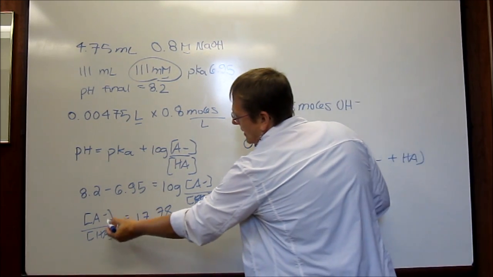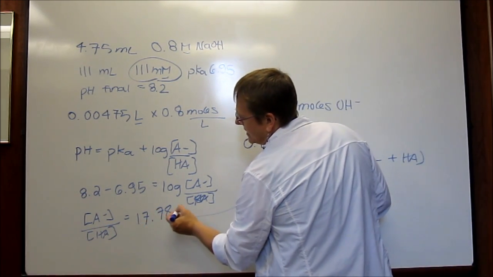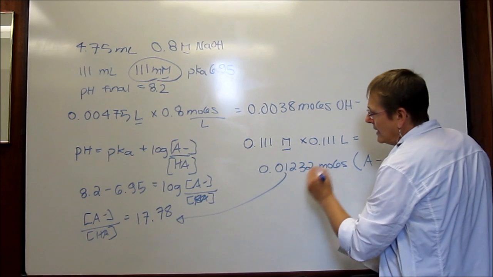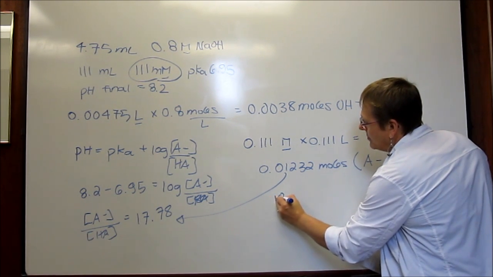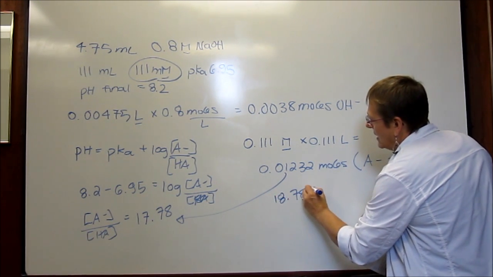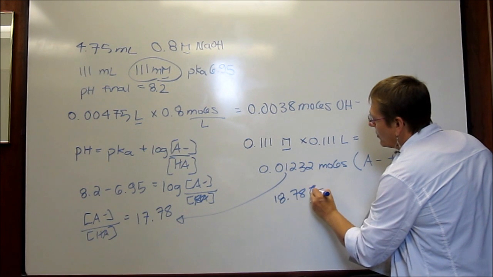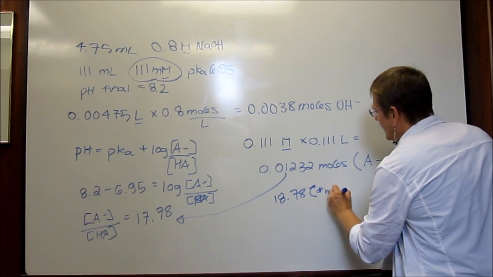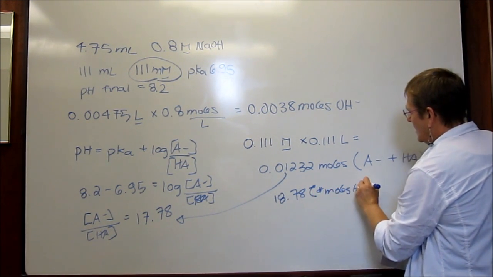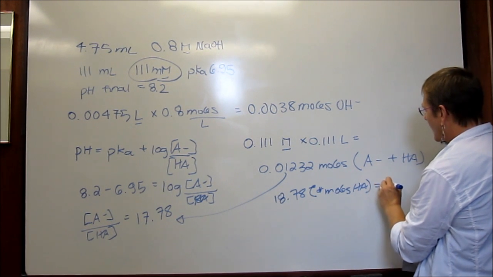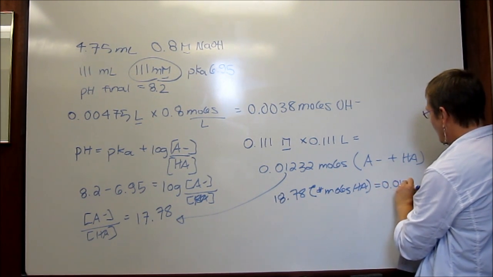We'll say that A- is equal to 17.78 times HA, so 18.78 times the number of moles of HA is equal to this 0.01232.